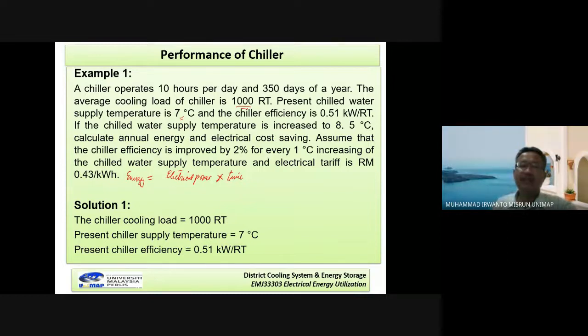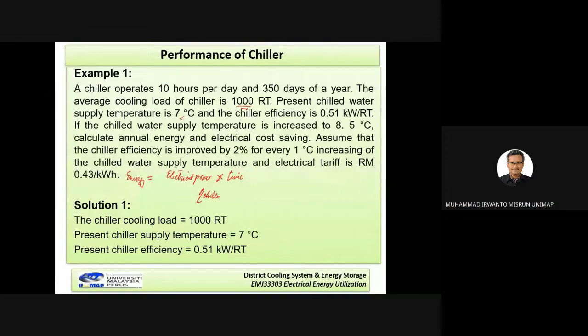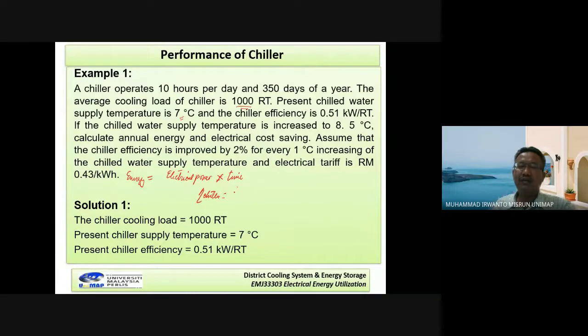Okay, and before we have the relationship between electrical power, efficiency and RT, given by efficiency of the chiller is equal to power consumed by the motor, in kilowatt, divided by the chiller cooling load.